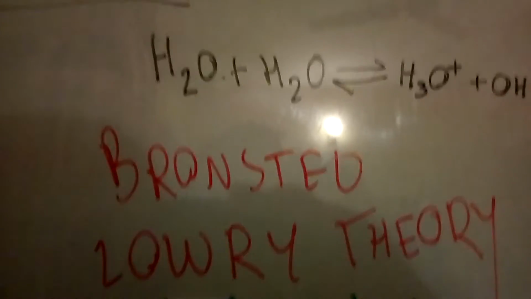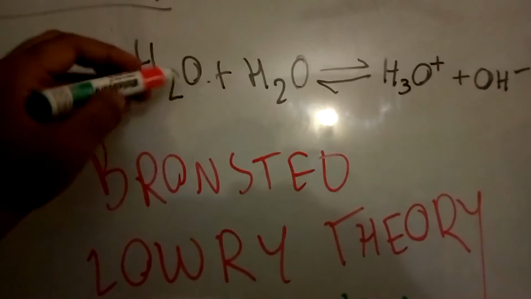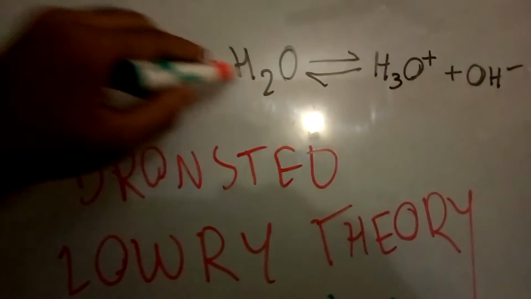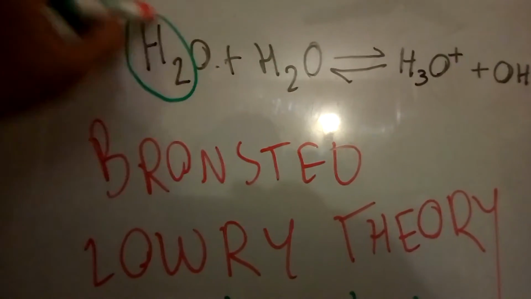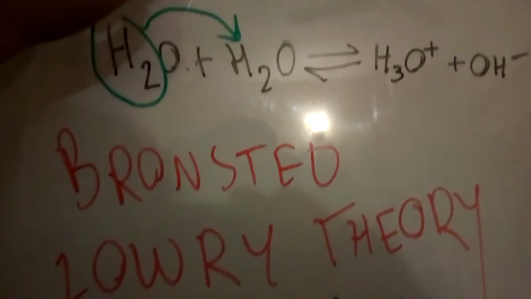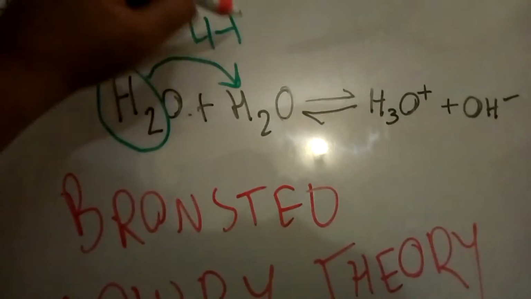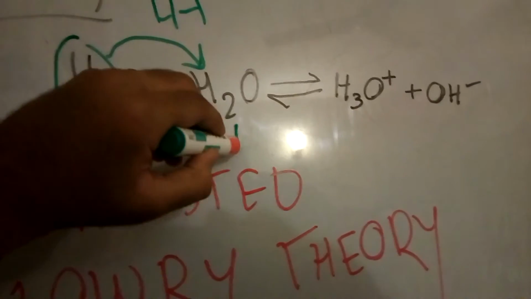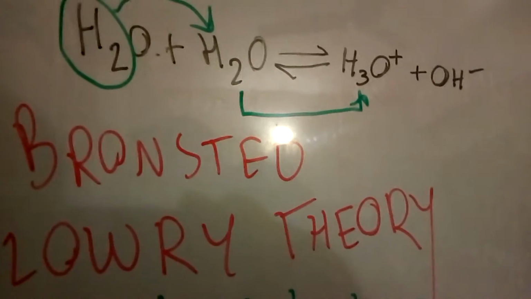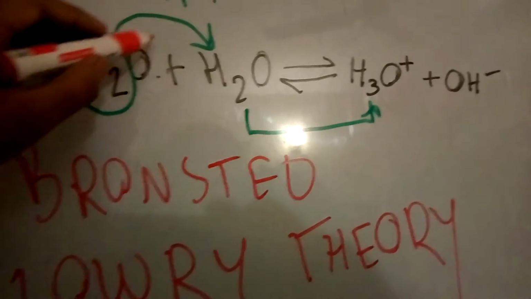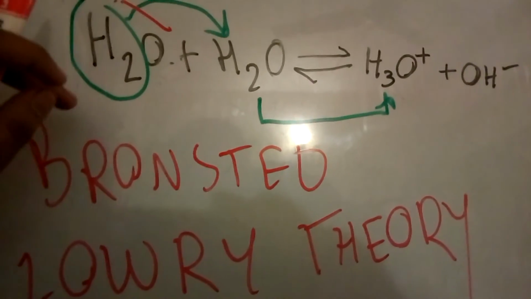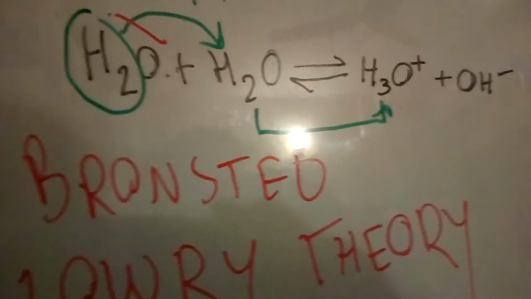If we were to look at this reaction, one H plus is transferring over here, so that results in the formation of hydronium, while this one... oops, I think I got it wrong, hang on.